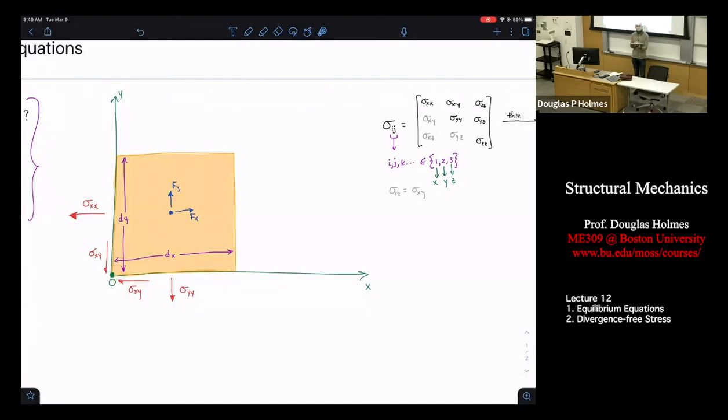So if you're saying this is your origin, then we know that in general, a Taylor series will tell us that I could start at the point that I'm interested in.